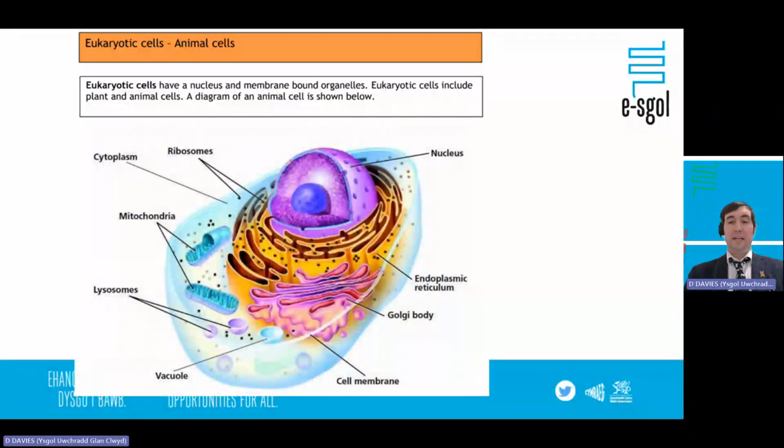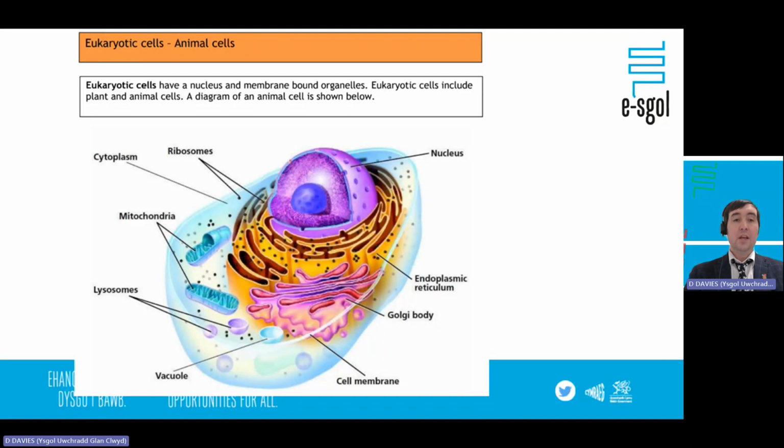Basically you need to know the structure and function of the cells. Now I know this isn't like the diagram that you're used to at GCSE. There are lots more things in it, and even the things that you remember from GCSE now have more complex functions.